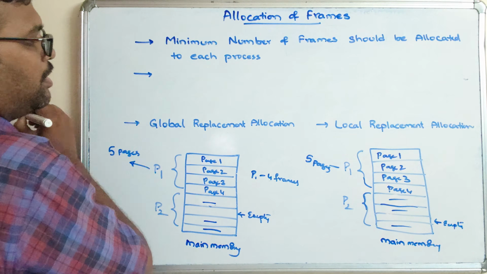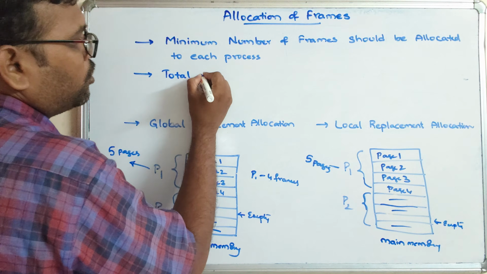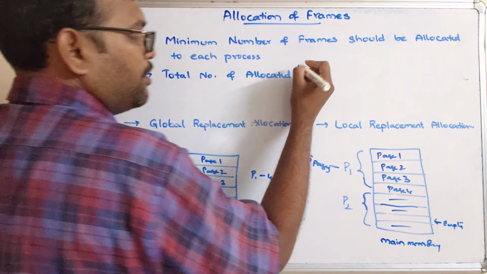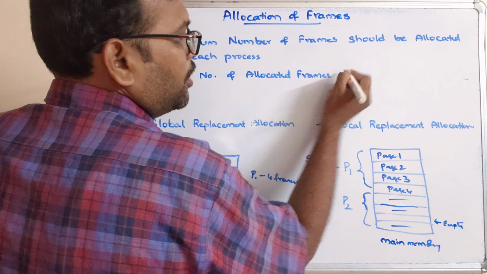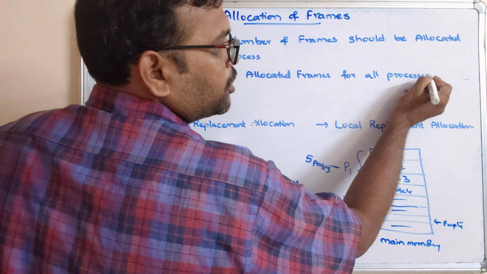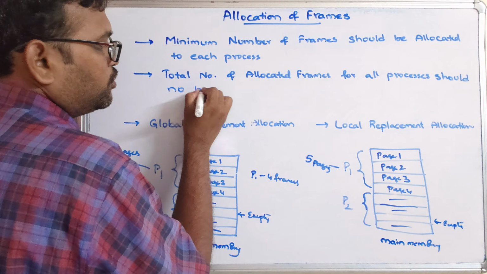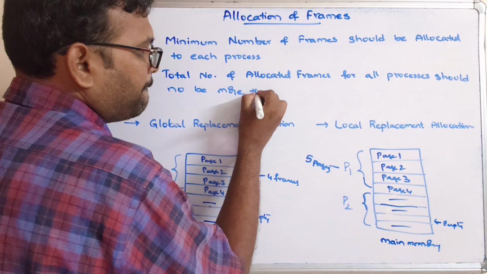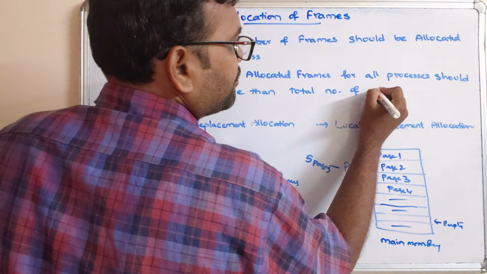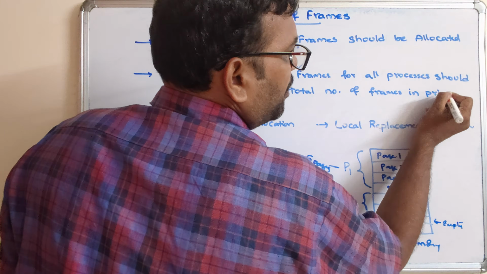And the second one, the total number of allocated frames for all processes should not be more than the total number of frames in primary memory.